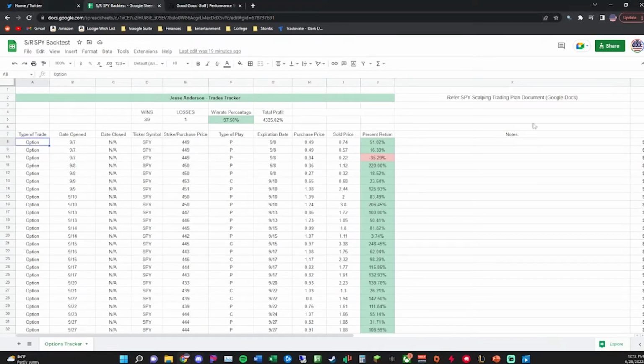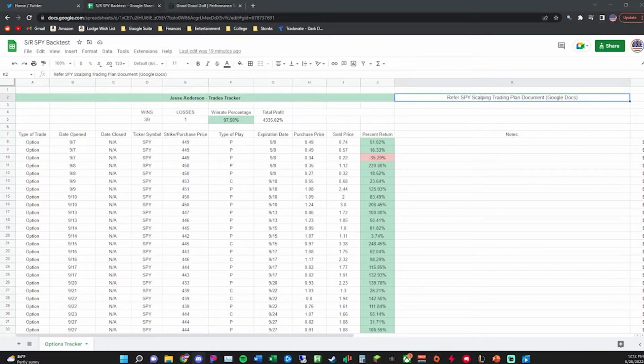So here I have just a backtest of trading SPY contracts. I believe this was, it has its own Google Doc, but I believe this was trading the break of the high or low of the previous market or pre-market. And so you can see I only did this 40 times, but you would go into ThinkOrSwim's on-demand feature, and if you don't know what that is, we can show that during Q&A probably.